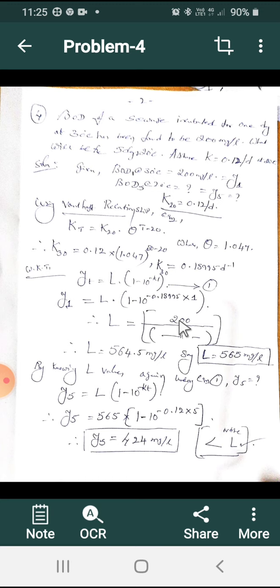Any answer you are getting is less than L only. This is the 5th day, 5 day 424. What is the value of L here? L is 565 milligrams per liter. That is why this problem can be solved very easily.